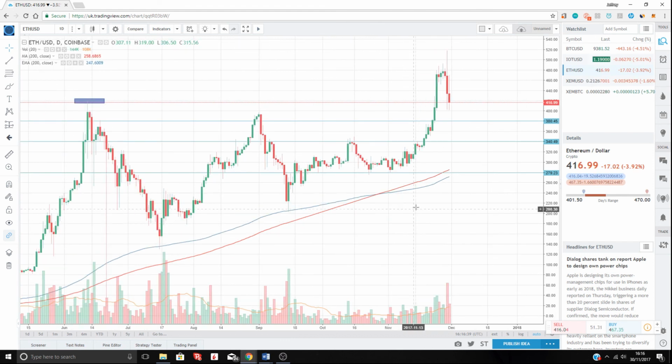And yeah, for example, let's say I outlined some support here. Let's get this line out.